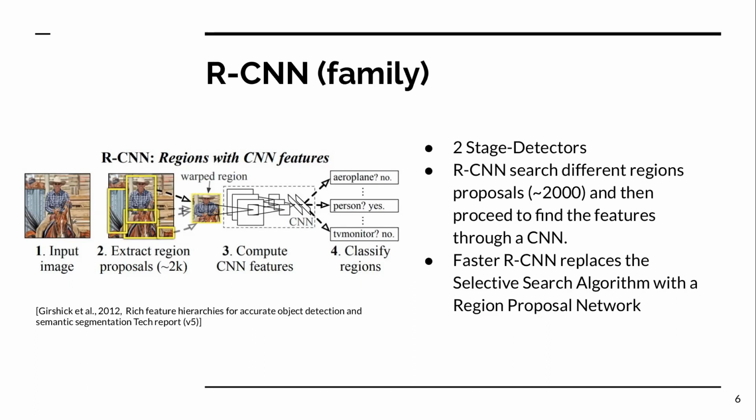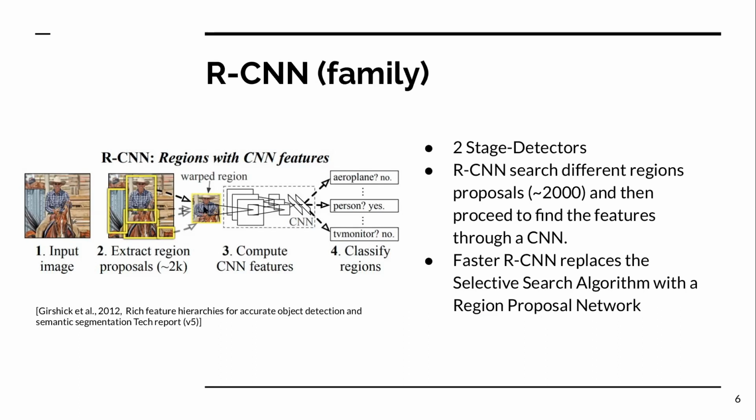Then, through an iterative process, it takes into account all the blobs that have similar qualities, and after that you generate 2,000 different regions where you can say with some security that there is a possible object to be detected.